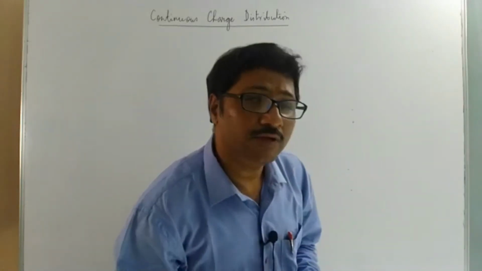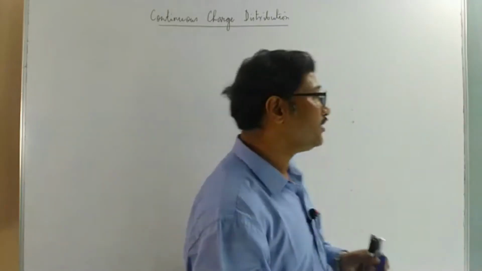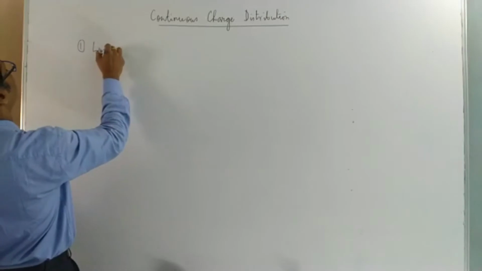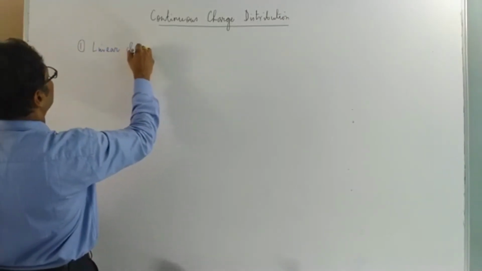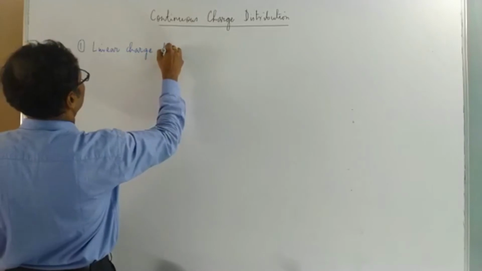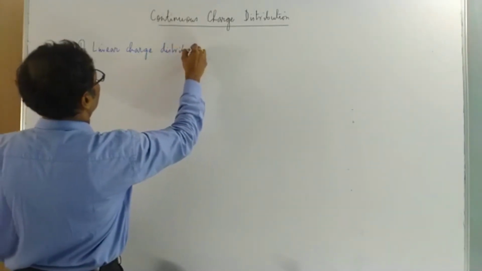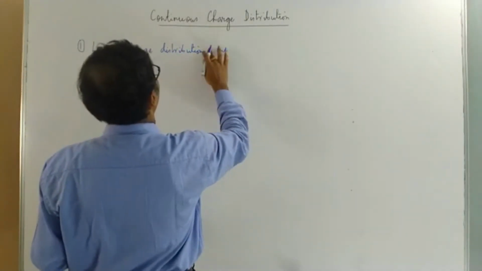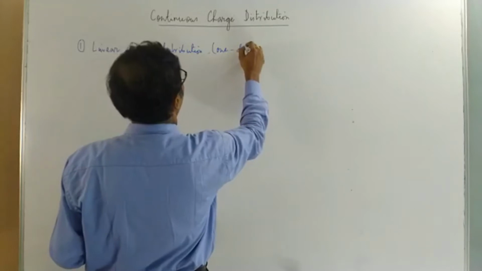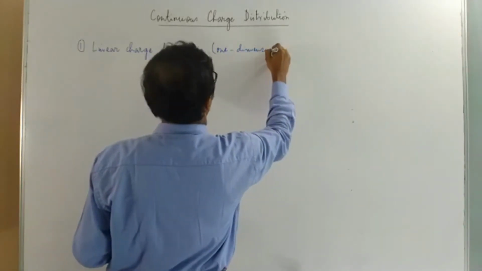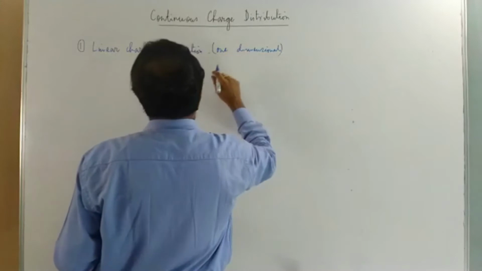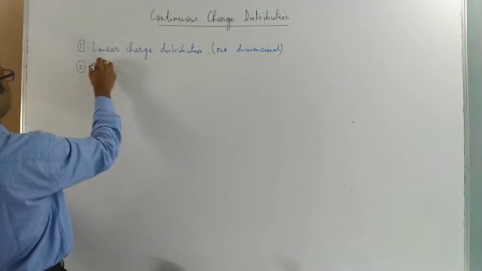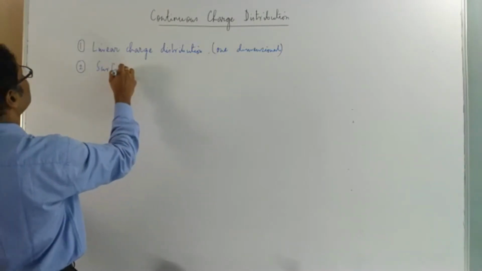So accordingly, we have three different types of charge distribution. One is known as linear charge distribution. This is also one-dimensional charge distribution. If we consider the second category, this is surface charge distribution.